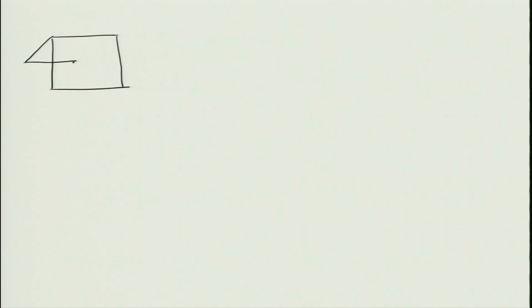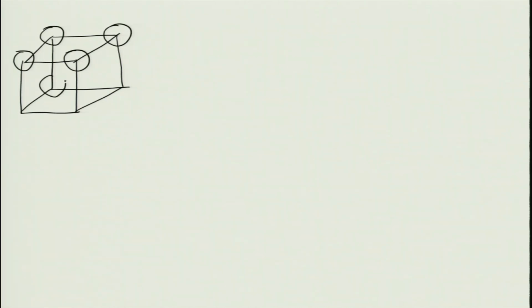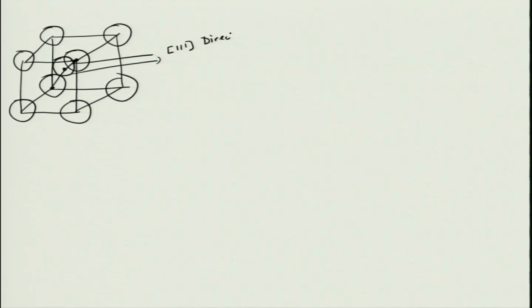So, this is for example BCC, and you have one extra atom in the center. Assuming that all of them touch each other, the close pack direction touches this, this and this. So, this is your 111 direction for BCC.